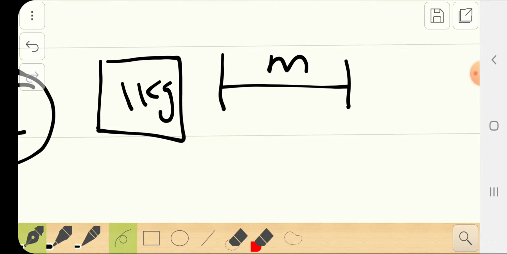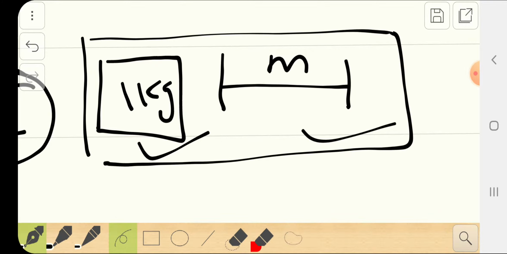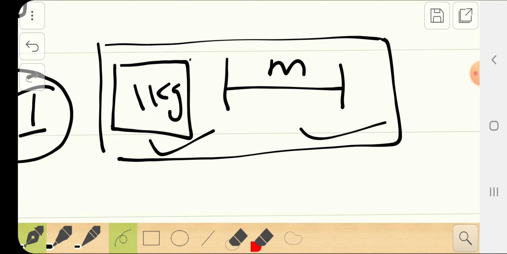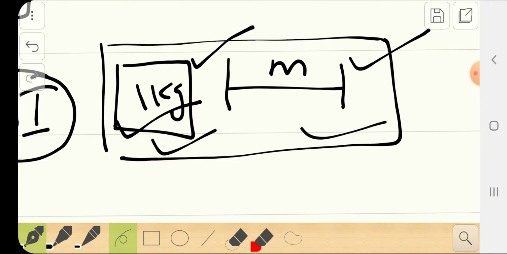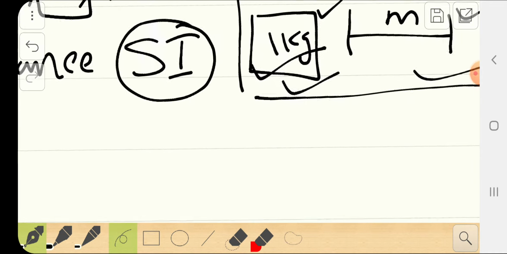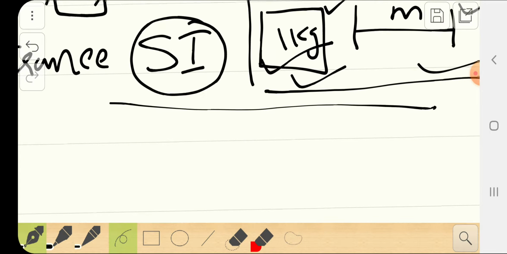I'm just saying this in a basic manner, that's not exactly how they store it, but we'll get there. This kind of storing enables a measuring standard. You can go there and compare your mass with this 1 kilogram, and you know that they are both the same. That's SI.